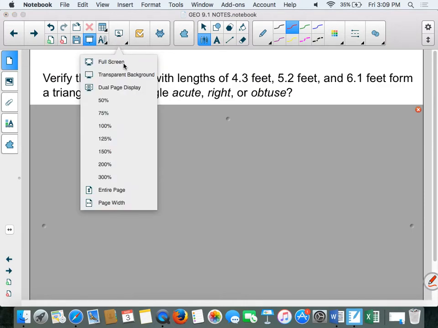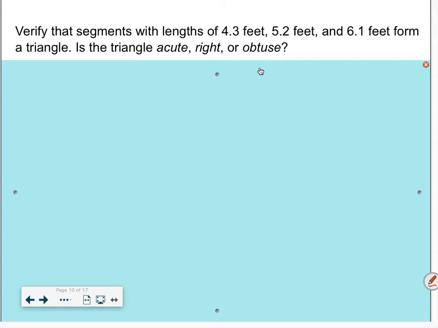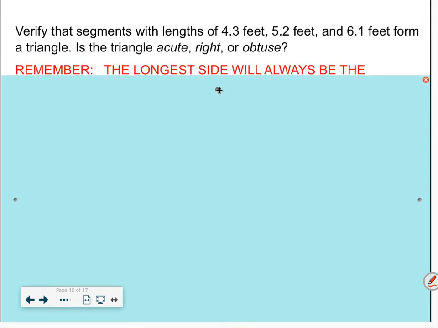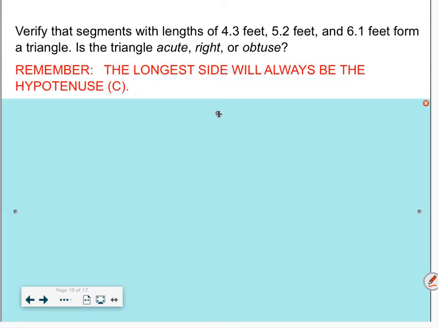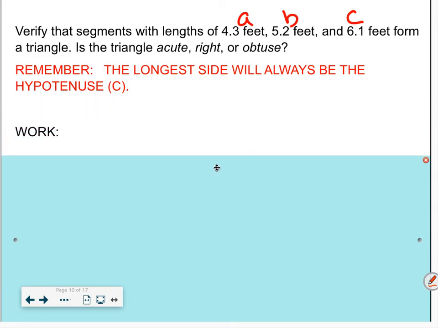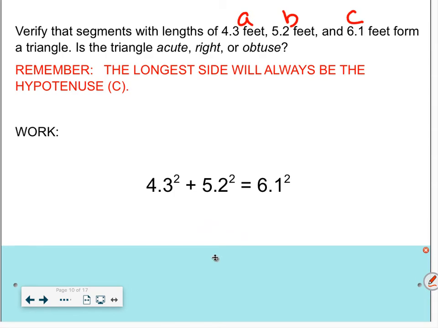So in this next question, it says verify that segments with lengths 4.3, 5.2, and 6.1 feet form a triangle, and would it be right, acute, or obtuse? Well, the first thing we all have to realize, and I've mentioned it before, is the longest side always has to be your hypotenuse if we have a right triangle. So when I set this up, I'm going to call this A, this B, and C would have to be the longest side. So I plug the three numbers into the Pythagorean theorem, and this is what I'm testing.